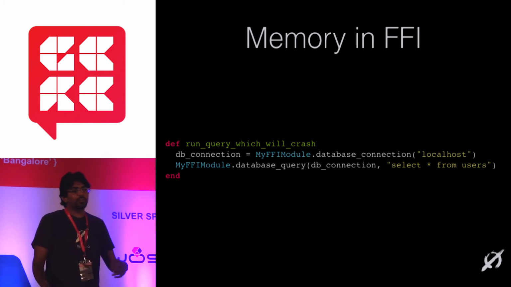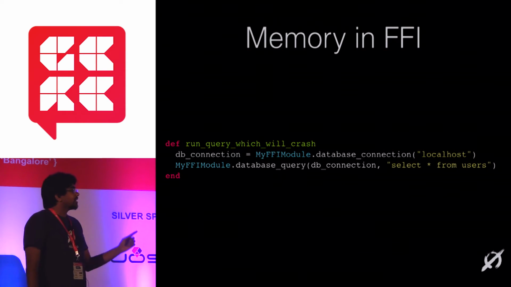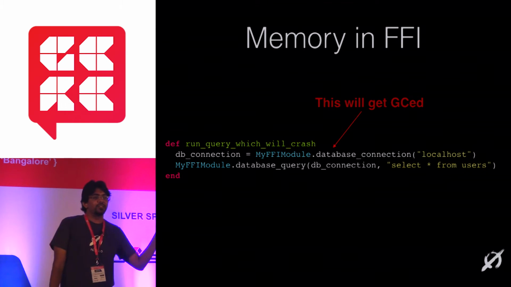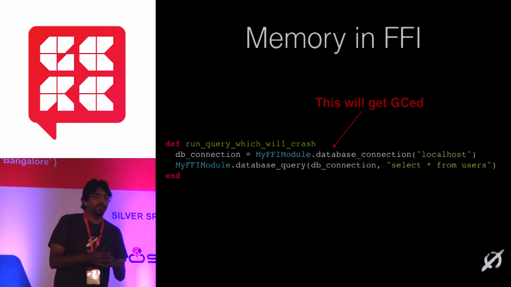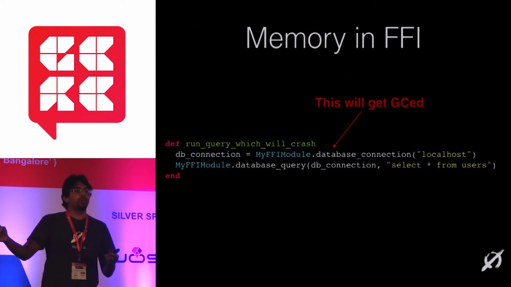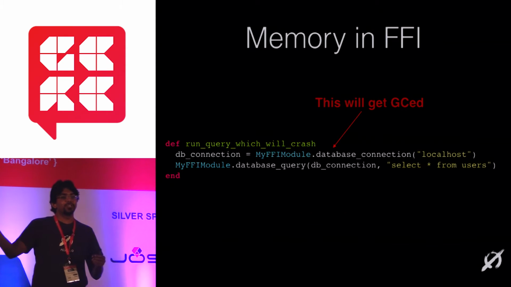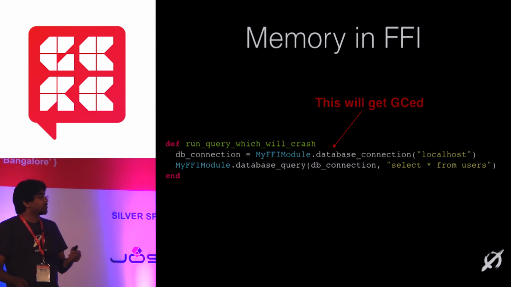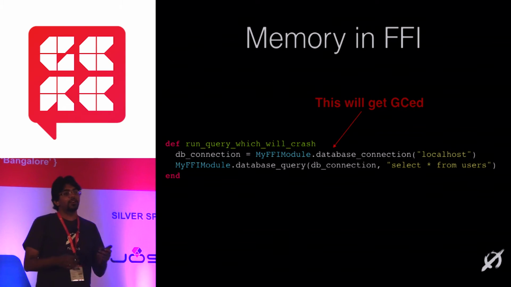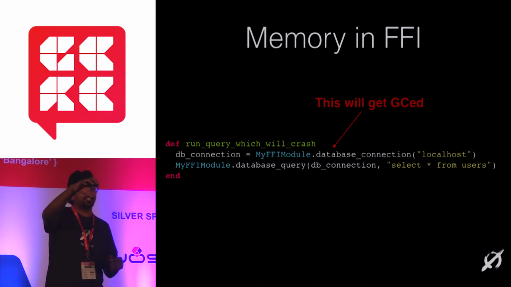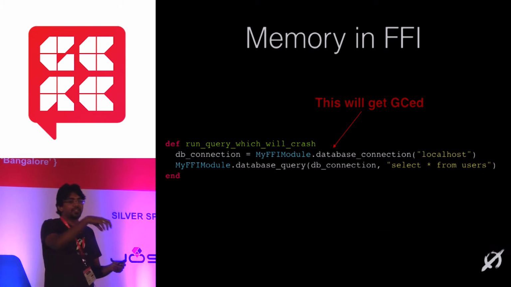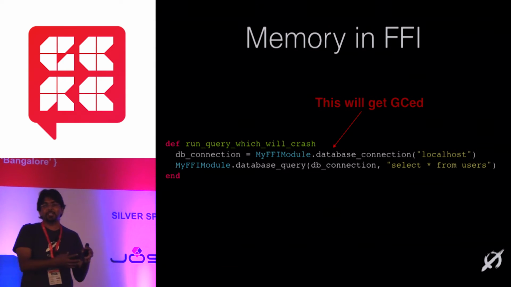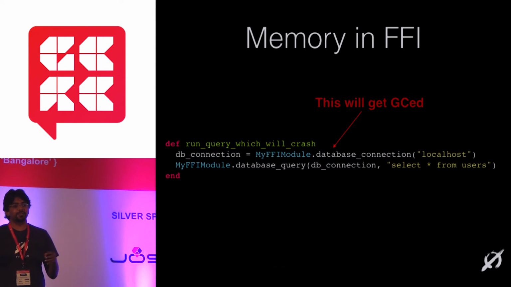This will probably work most of the time, but in reality, that db connection will eventually get GC'd. And internally in C, your cursor will probably hold a pointer to your DB connection, even though this has not been exposed to you via the API. So when the Ruby object gets GC'd, the pointer is going to get freed in memory. And then when your cursor tries to access the DB connection, it will crash.